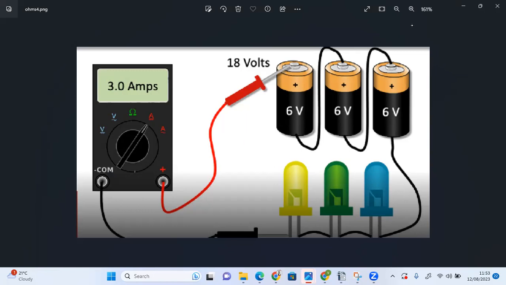Now, if you want to define it from this point, Ohm's law is saying that the quantity of electricity passing through this conductor is directly proportional to the potential difference and inversely proportional to our resistance. So if you want to study from here, take the red cable as the direct current and the black as the inverse circuit.